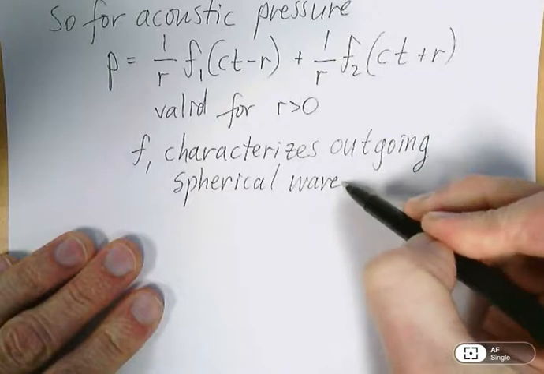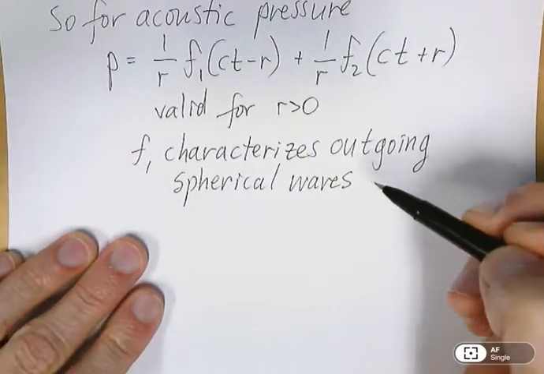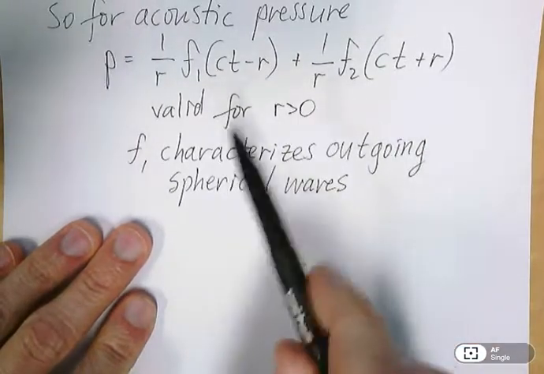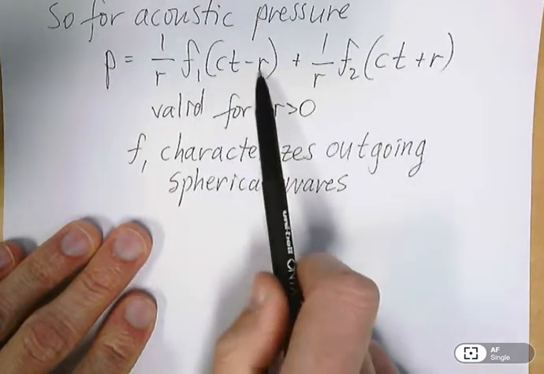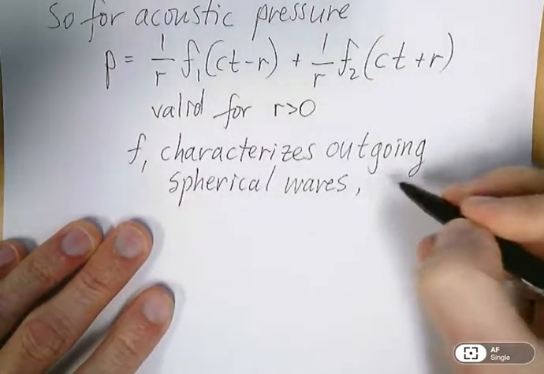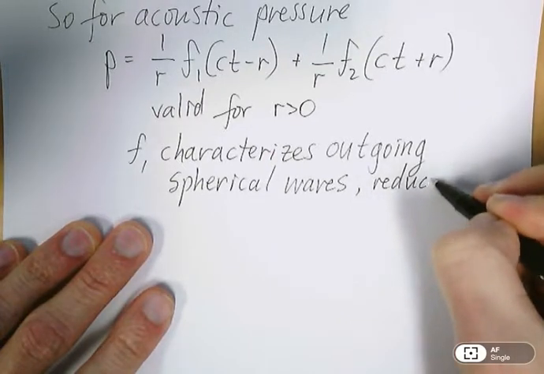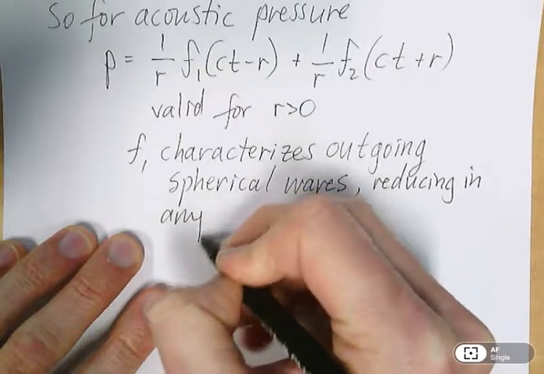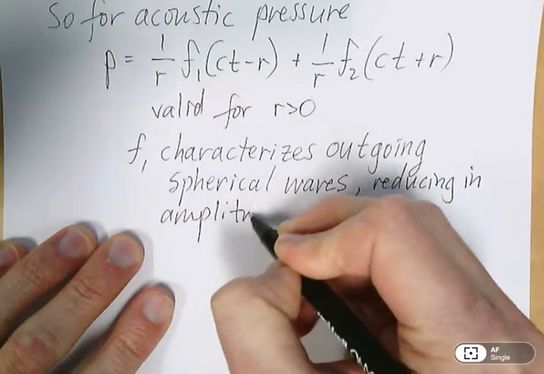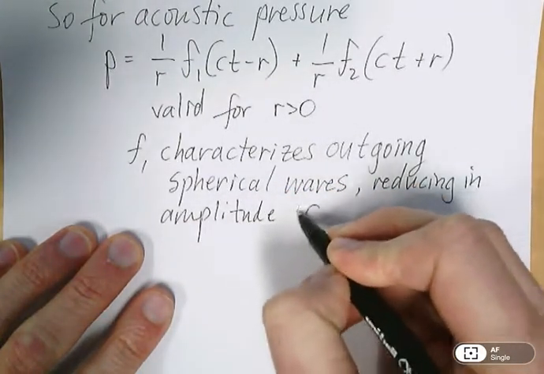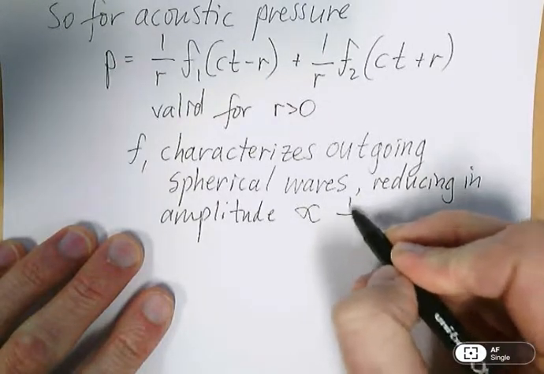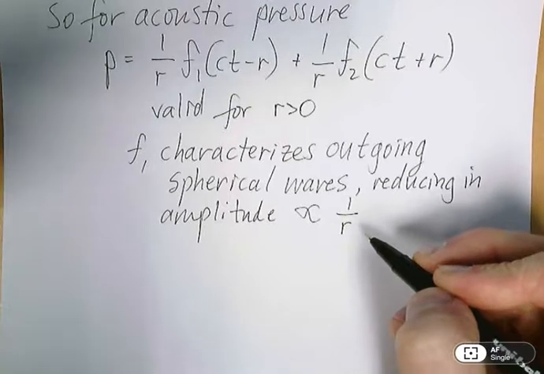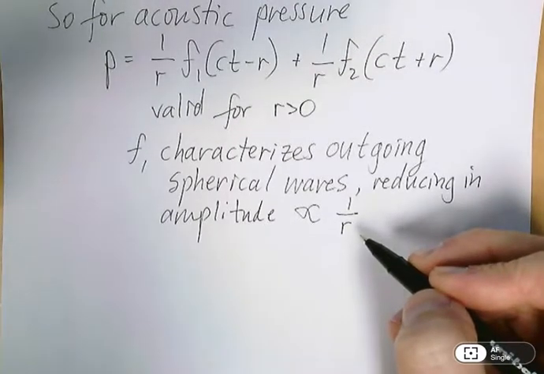And these are what we're familiar with. We speak, and the waves propagate outward, but they're reducing in amplitude proportionally with 1 on r. As we get further away by a factor r, the amplitude of that acoustic pressure wave will reduce by about 1 on r.